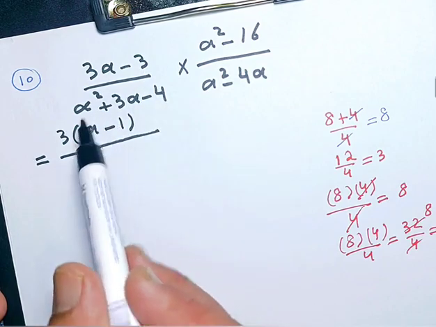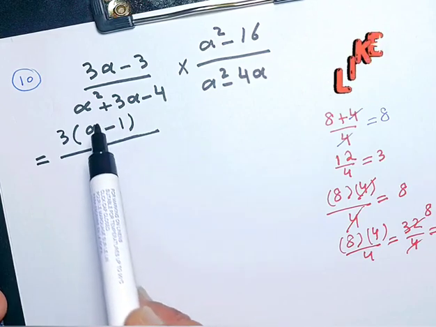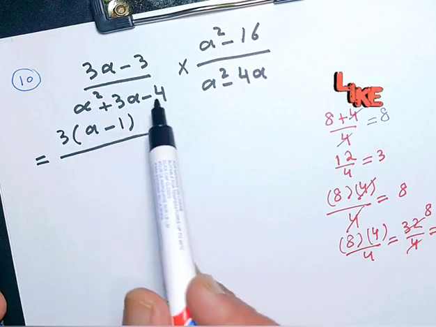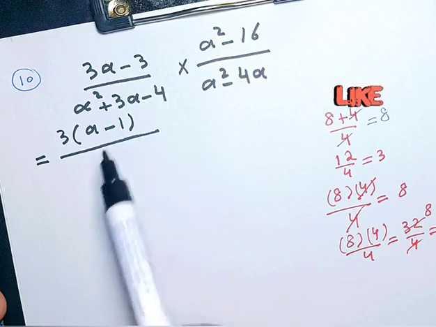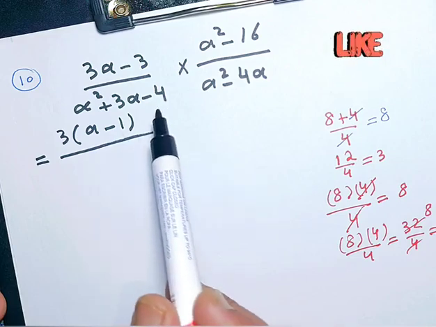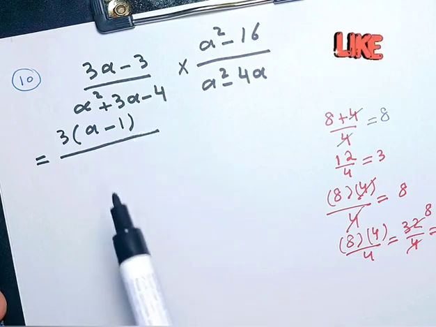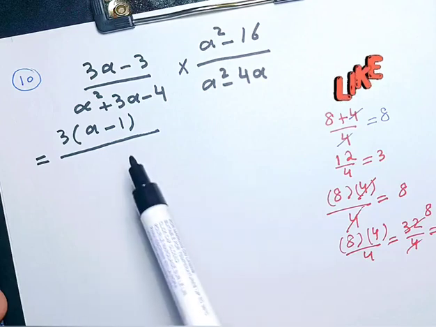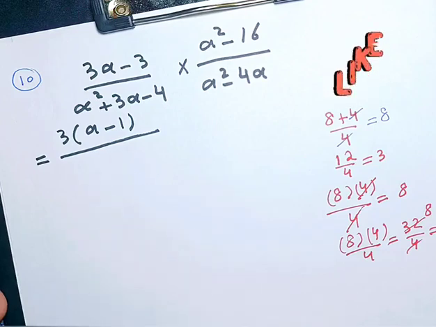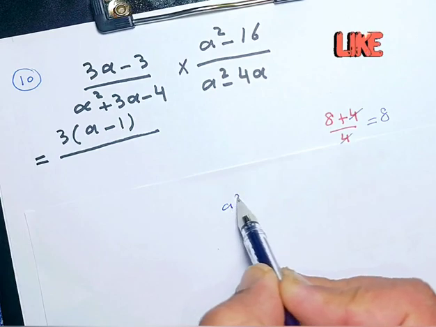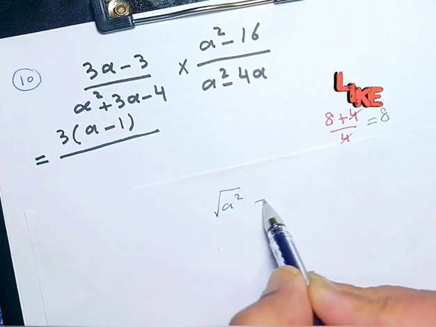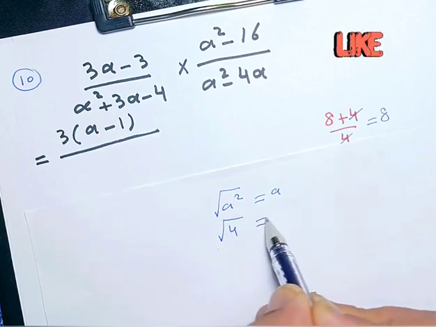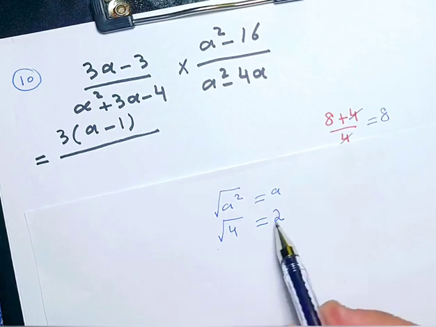Now here I need to teach you something very important, something long term. A power 2, the first term is a perfect square and the last term as well is a perfect square. So we're thinking this is a perfect square trinomial, but we need to see if it is a perfect square trinomial or a simple trinomial. Have a look. A power 2, take the root, the answer will be a, and the root of 4 is 2. So both are perfect squares.